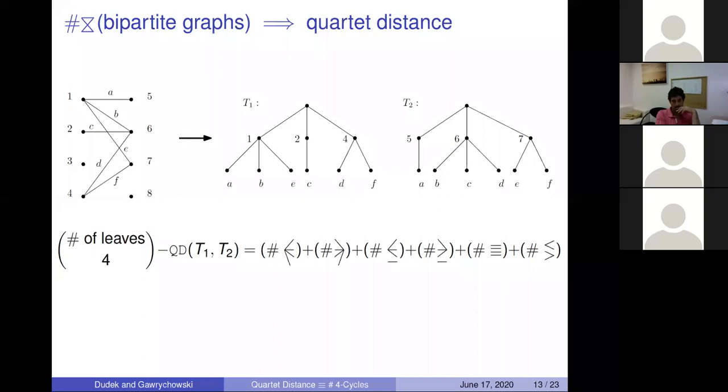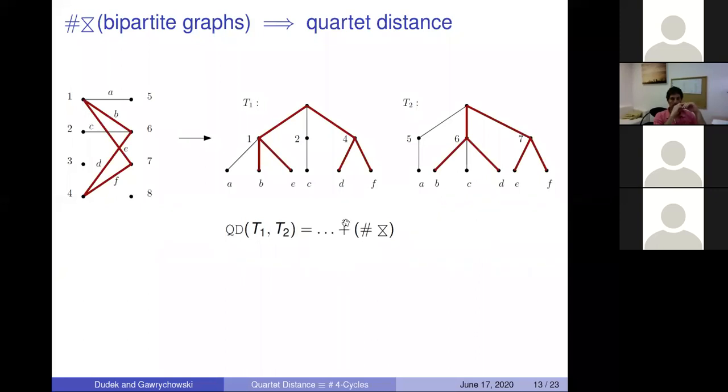And now we have to analyze what's the quartet distance between those 2 trees, and actually we look at the complement. So we look at how many shapes disagree. And then there is some case inspection, so I'm not going to do this, but if you go over things carefully, you will obtain this formula.